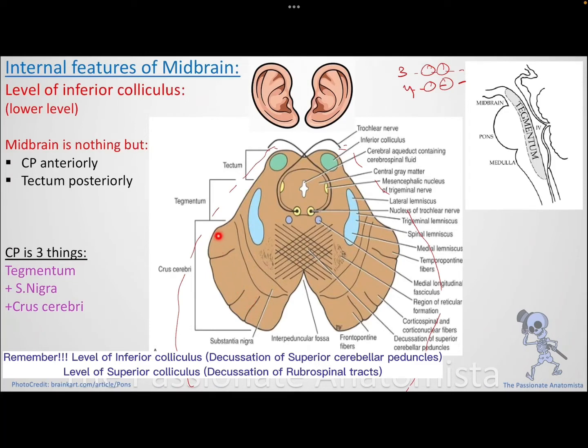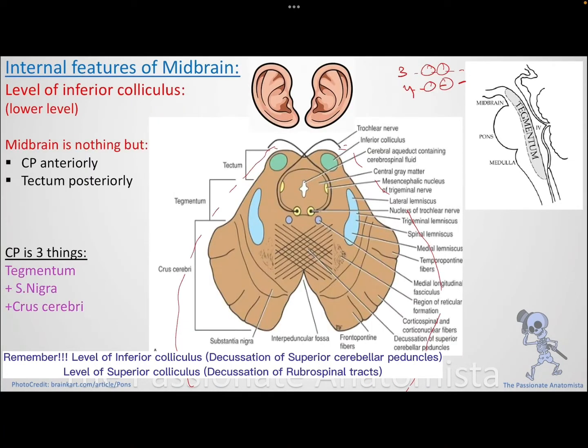We have something called corticopontine, frontopontine. It's all about axons coming from the cortex, motor axons coming from the cortex to here. The most important thing you need to know is the corticospinal and corticonuclear fibers. Okay, don't worry about the temporopontine and frontopontine fibers. They are all coming to the pontine nuclei and then they will go to the cerebellum.